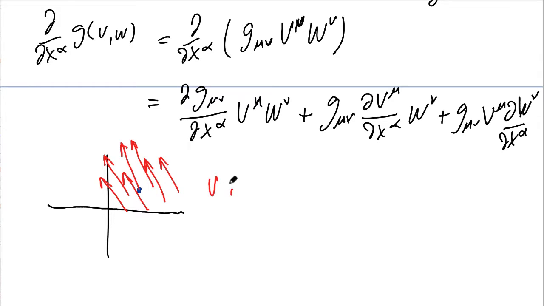So v is defined by parallel transport: it's parallel transported to form a vector field.